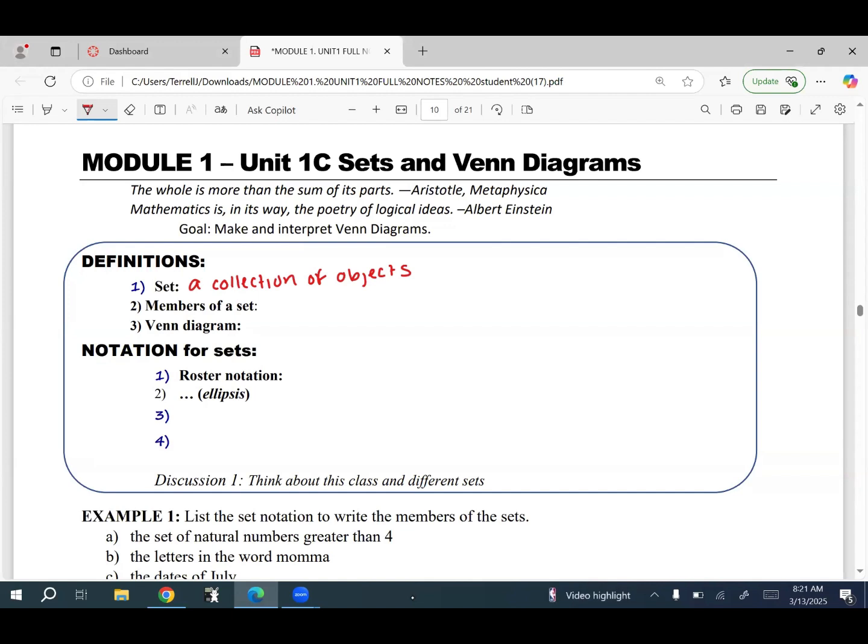Then we have a member, and a member is the specific object or thing within the set. So a set is the collection, and members are the specific objects within the set.